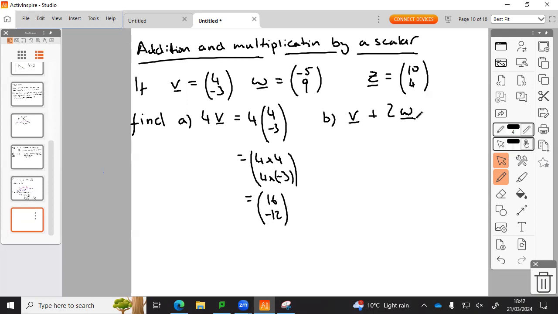Okay, we've got addition and a multiplication spinning in here. So that would give us V, which is 4, -3, plus W, which is -5.